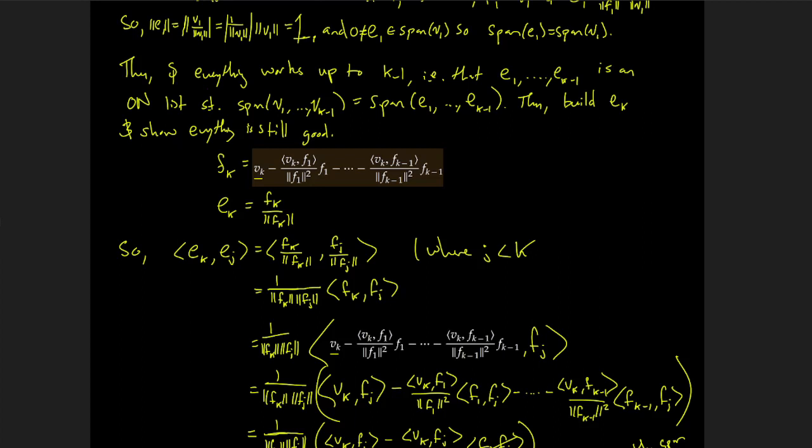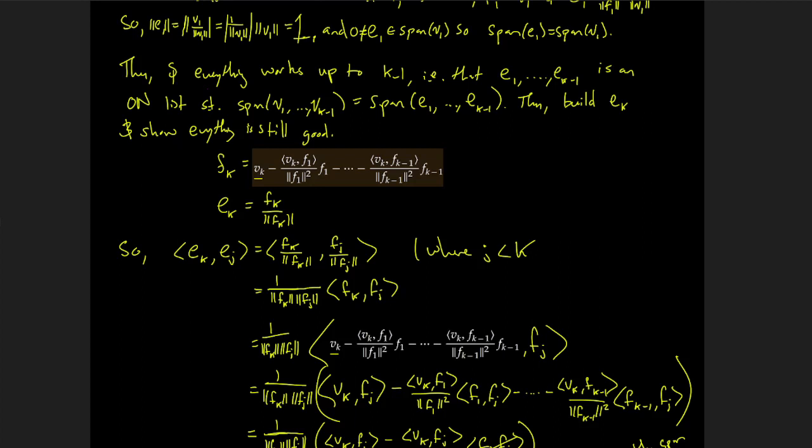So if you just throw on that vk to the span of v1 through vk minus 1 and turn it into the span of v1 through vk, all we have to do is show that vk can be written as a linear combination of e1 through ek.